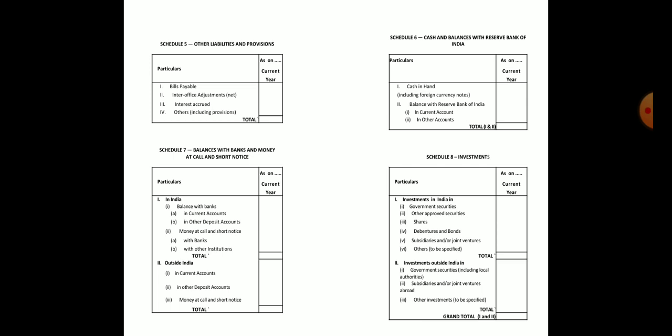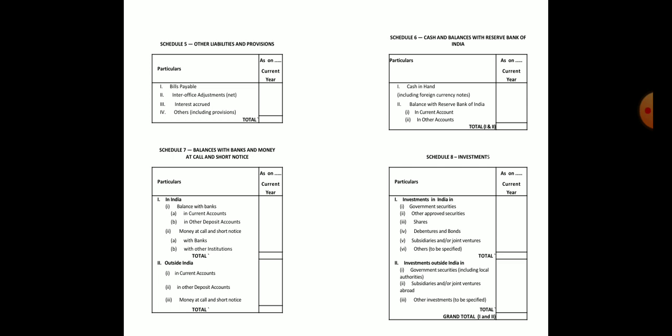Then schedule 8, there are some investments again that are in India and that are outside India. So here investments are made in government securities, other approved securities, shares, debentures, bonds, subsidiaries, joint ventures and others.